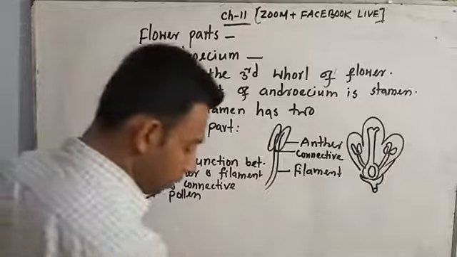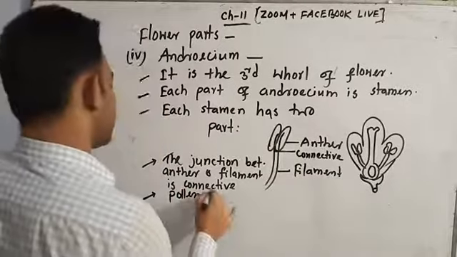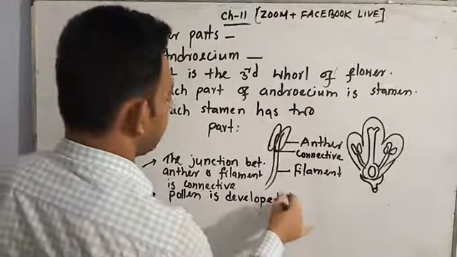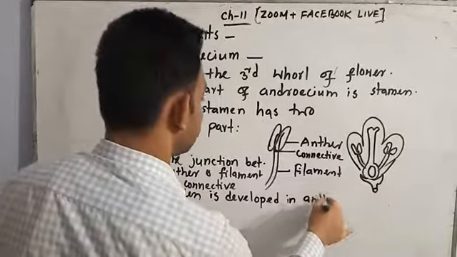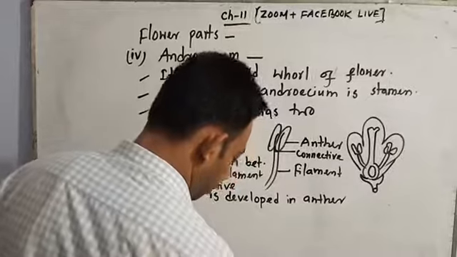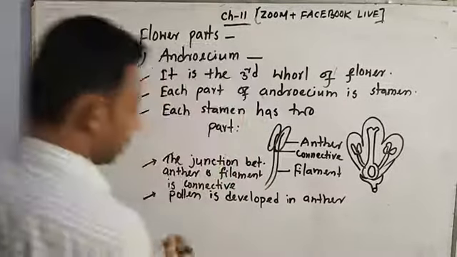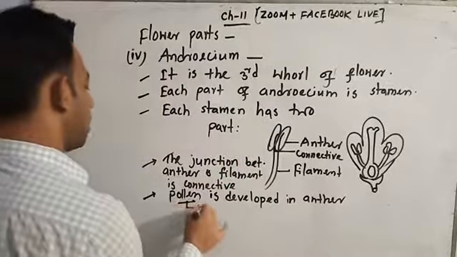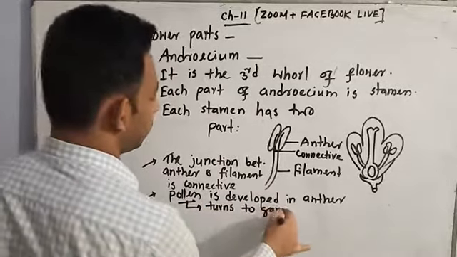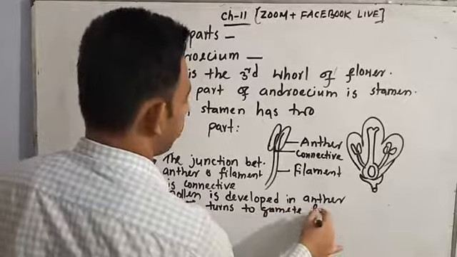Pollen is developed in the anther, and it turns to the gamete for reproduction.